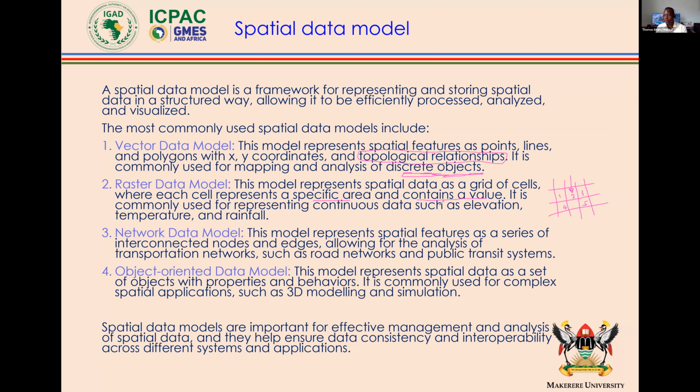So how do we use that in GIS? Objects or components that include elevation, temperature, and rainfall are best modeled in a GIS software or system as raster data models. The reason is that there's continuity between each part of the object and the other. Let's talk about elevation.